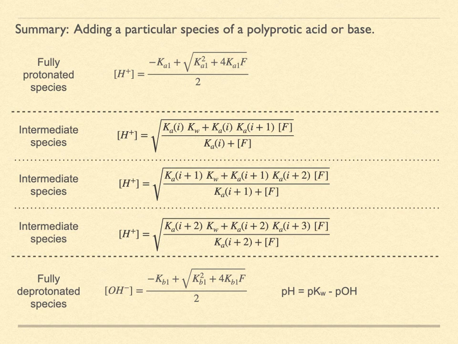For instance, phosphoric acid, H3PO4, is a triprotic acid, and the approach can be extended to species with even more acid-base sites. When we start talking about complex ion formation, we will encounter a molecule abbreviated as EDTA, which has 6 acid-base sites. The fully acidic and the fully basic forms are treated with the quadratic equation, and all intermediate forms use the approach as above. Just be sure to use the correct pair of Ka values for each species.